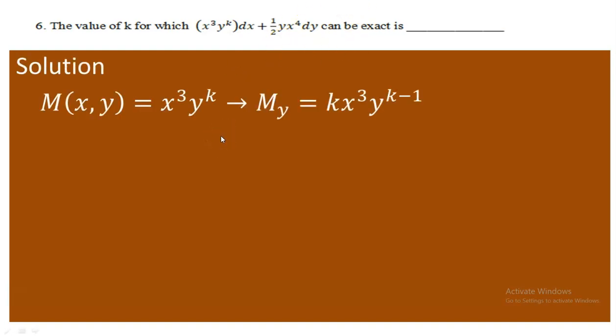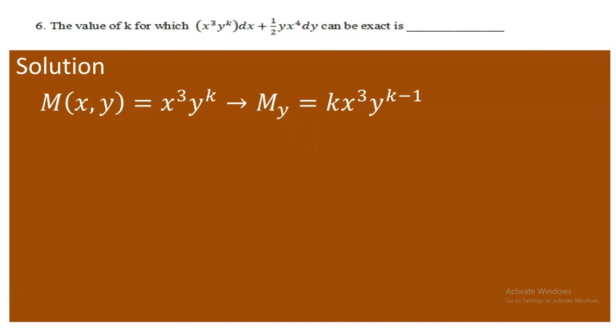So the solution goes like this. Your M is x cubed y to the power of k, and from this the partial derivative of M with respect to y will be, as can be shown, y to the power of k, when k comes down, it will be k x cubed y to the power of k minus 1. This is how the partial derivative of M with respect to y is obtained.